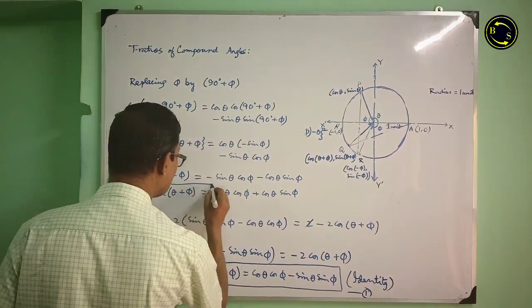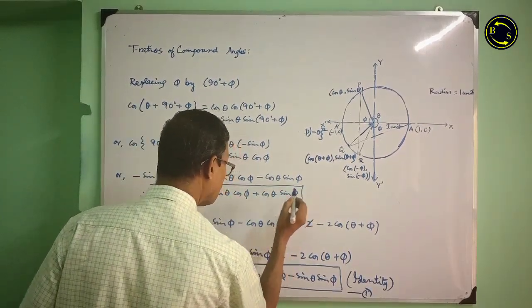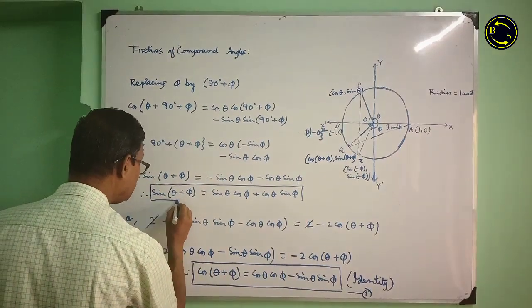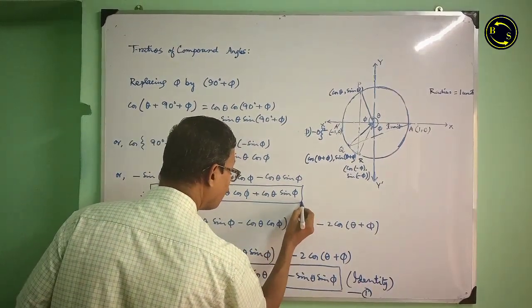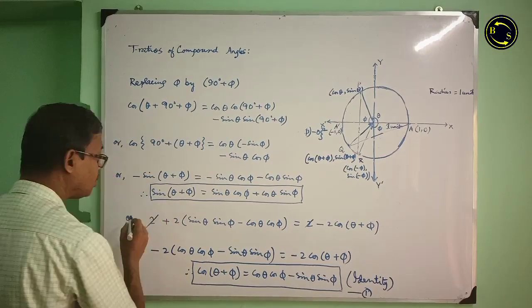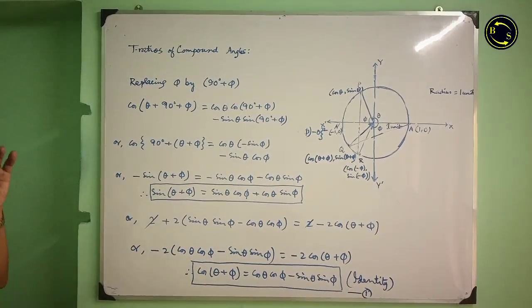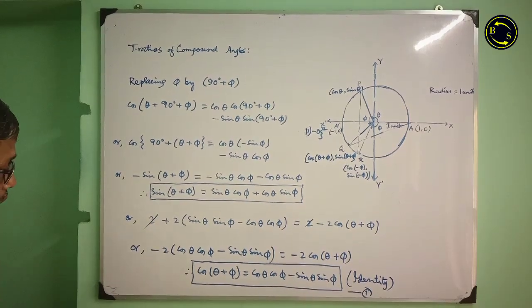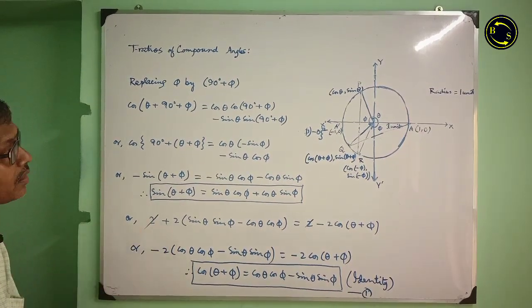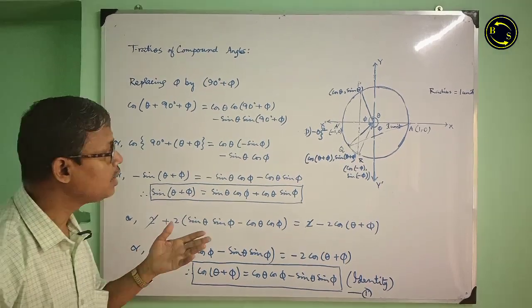Thus, we have deduced the sine ratio of the compound angle theta plus phi. Now, these are for general theta and phi.